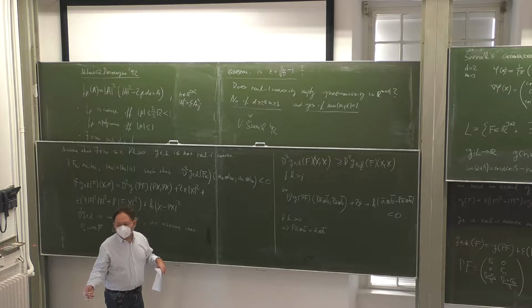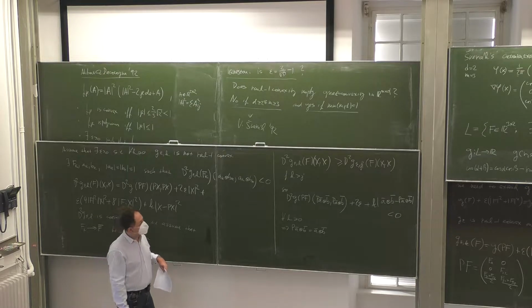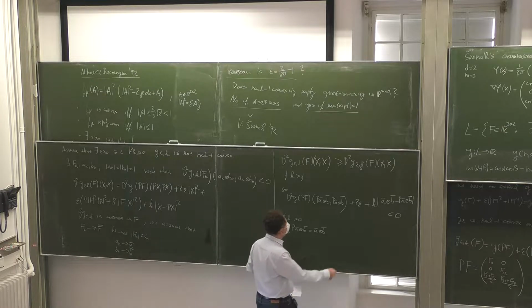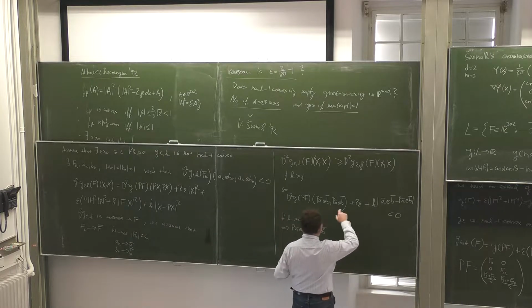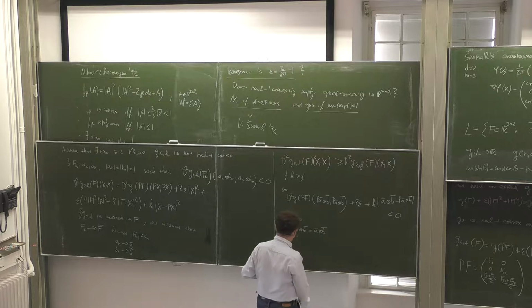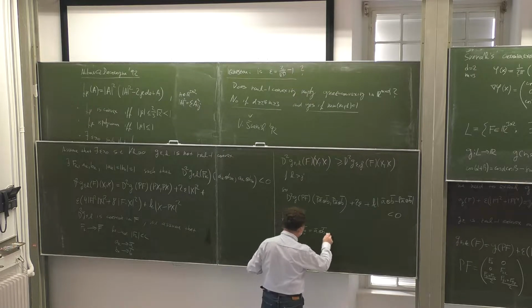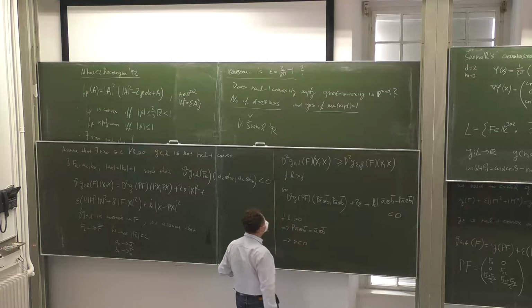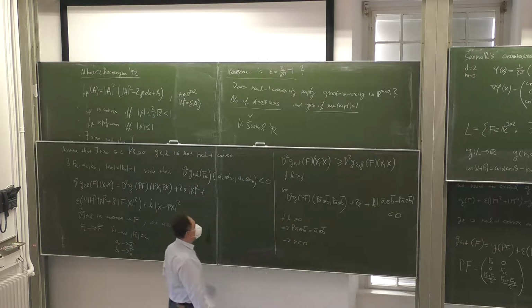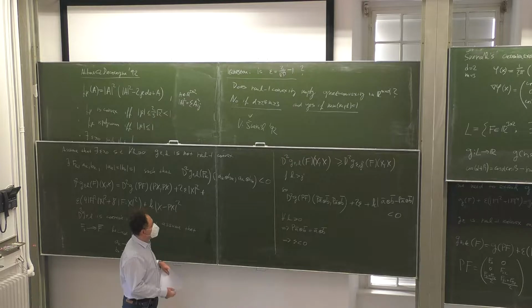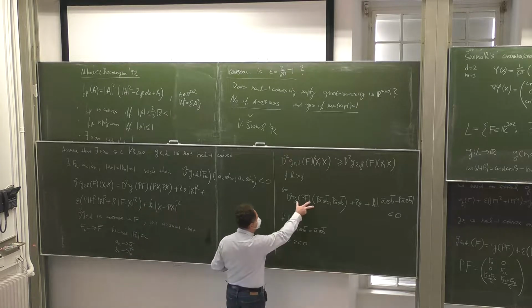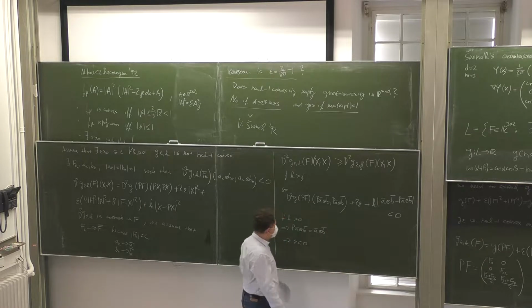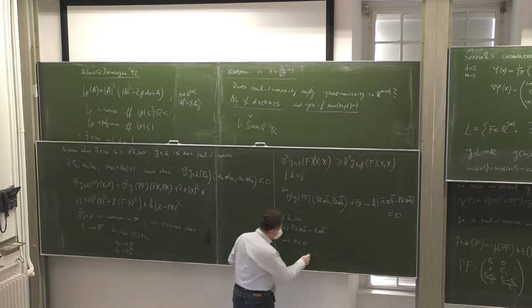So this is 0, and if this is 0, this implies that epsilon is smaller than 0. Because the function was rank 1 affine, this is 0, this is 0, and epsilon is here. So this is the contradiction.